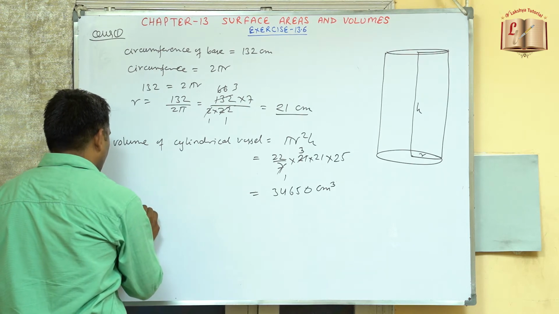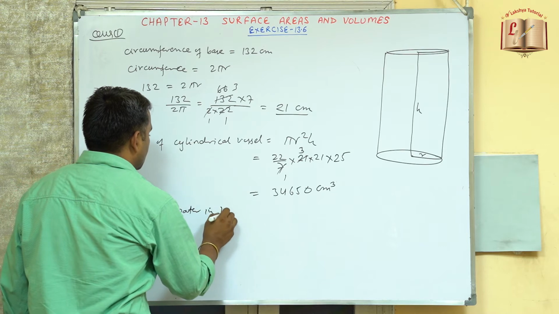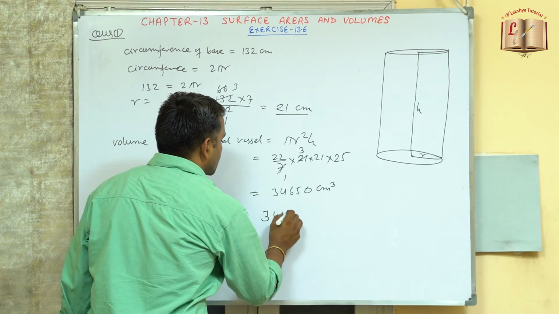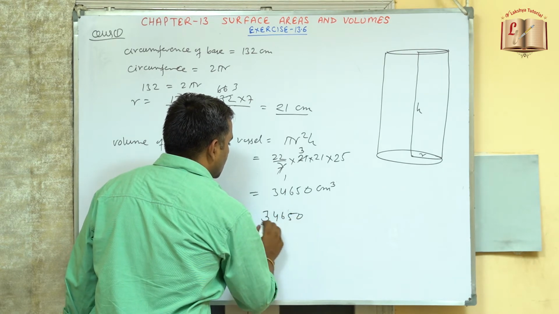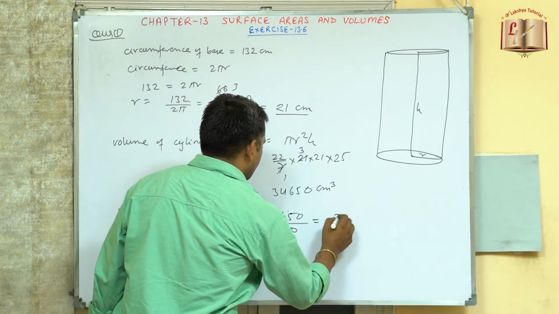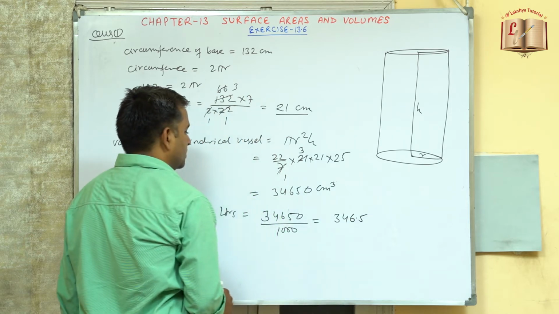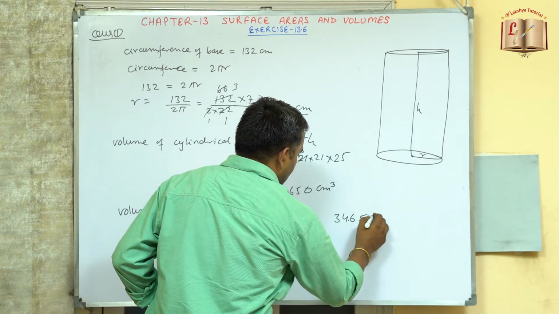Now volume of water in liters. So this will be equals to 34650 divided by 1000. So this will be now 34.65 liters.